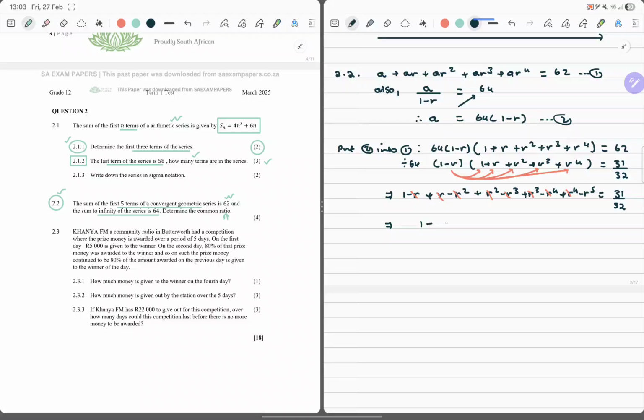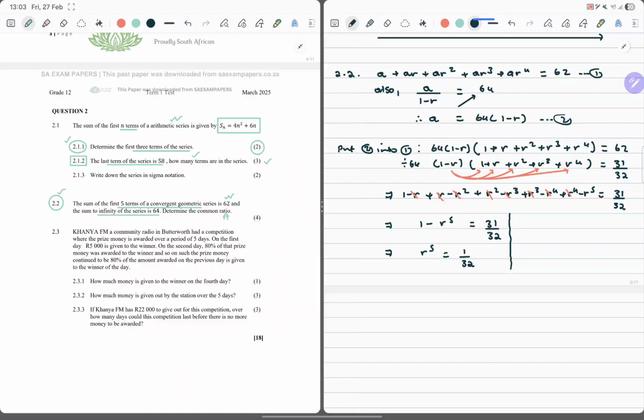We have 1 minus r to the exponent 5 equals 31 over 32. Now we can move r to the 5 to the one side. Then we take this from 32. So this is going to be 32 minus 31, which is 1 over 32.